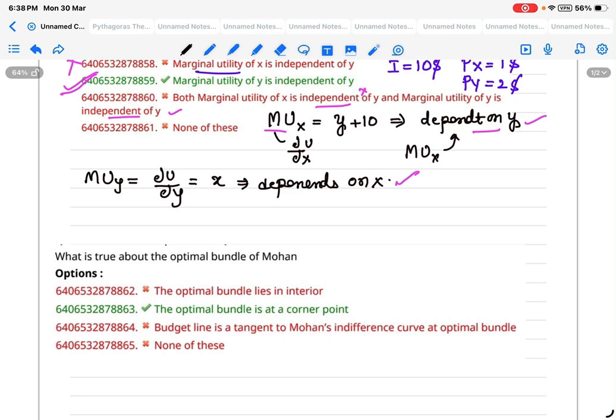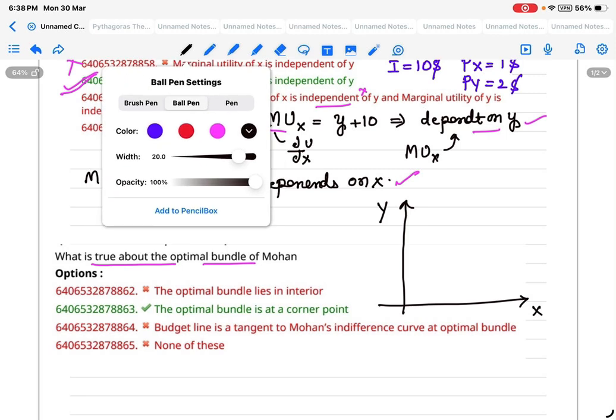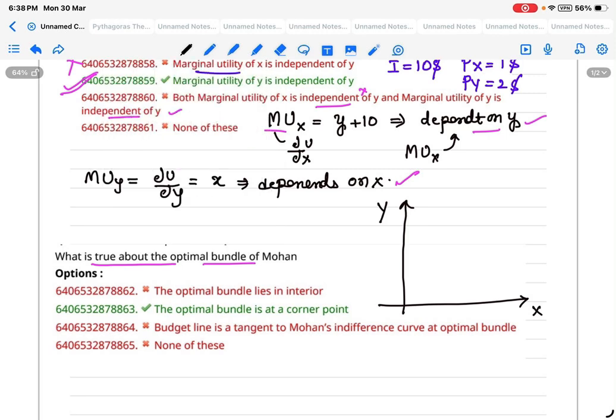Next, what is true about the optimal bundle of Mohan, x and y, food or clothing? This is the income line, the income equation.